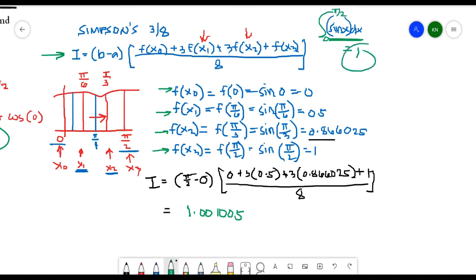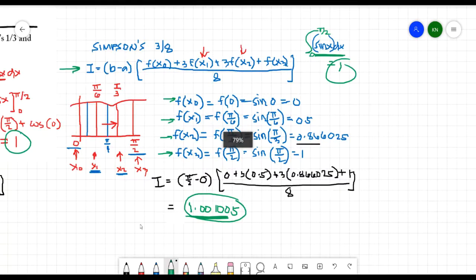So as you can see, this is still approximately equivalent to the conventional way, or if you try to calculate sine x dx from 0 to pi over 2. So we already have the final result for Simpson's 3/8 rule, which is this one.